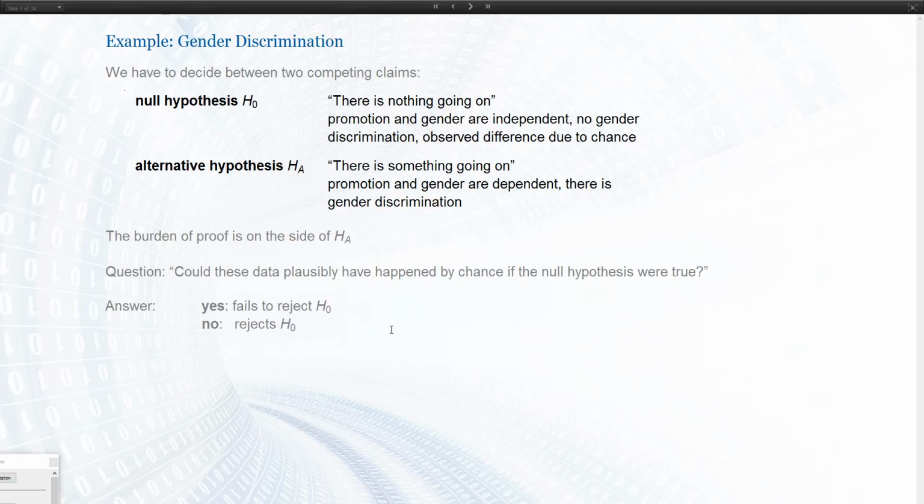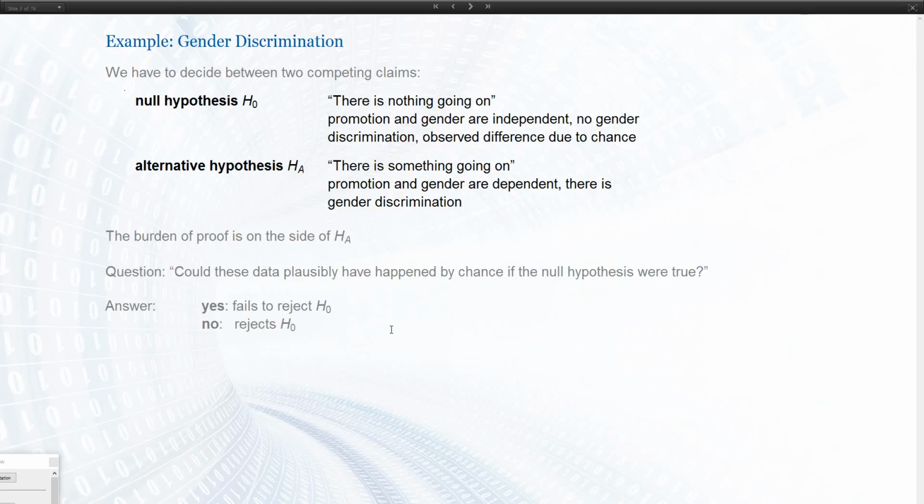Usually that means nothing is going on, nothing to see. All is random, all features are random. Or in our example, promotion and gender are independent. Any observed difference is just due to chance.